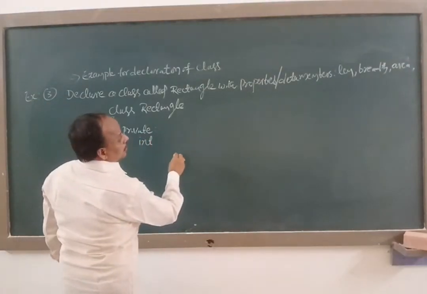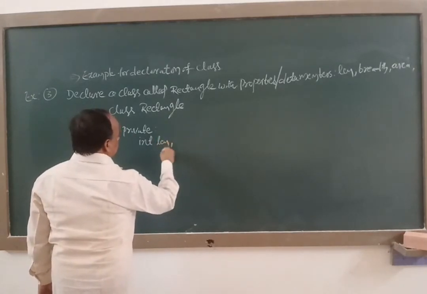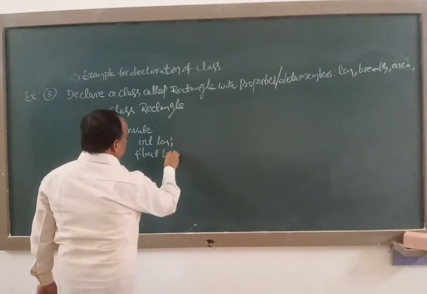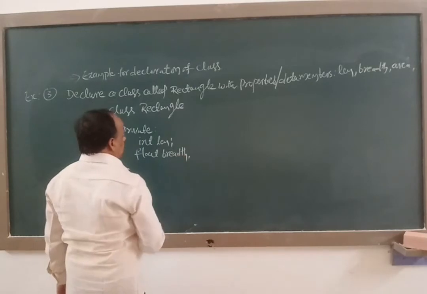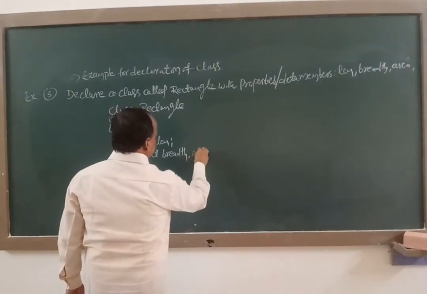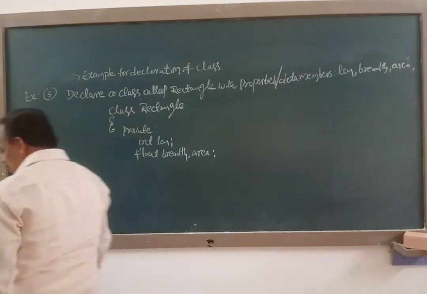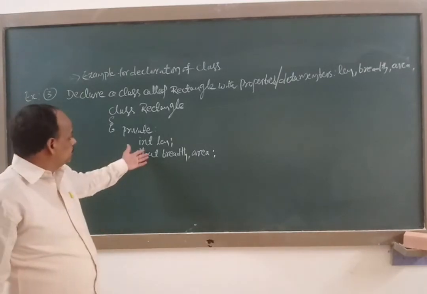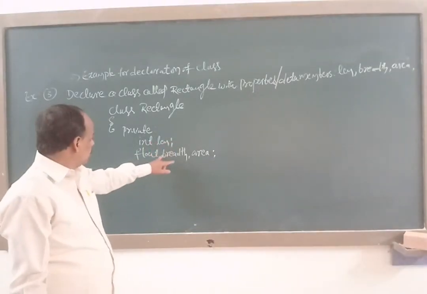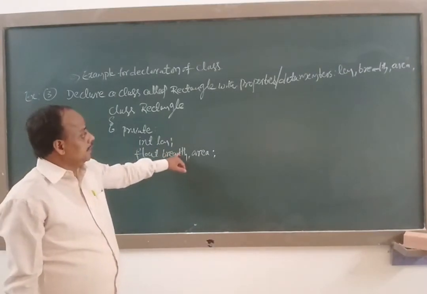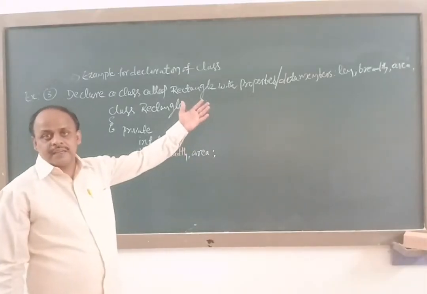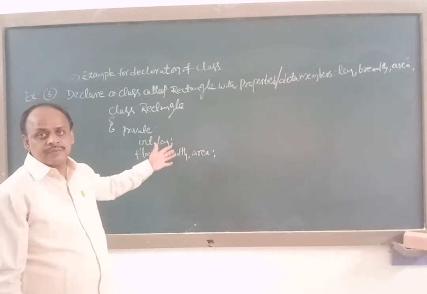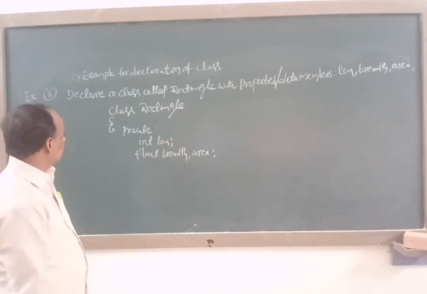Int length semicolon, float breadth, comma area semicolon, like that. You can take any data type. For the data members he has not given anything, so we can take all int, or all float, or a combination of int and float. It is your choice.